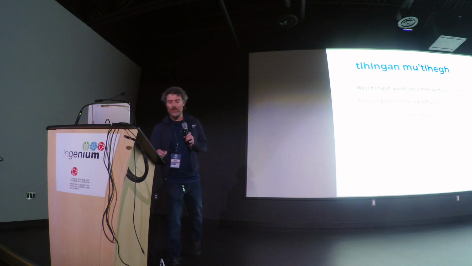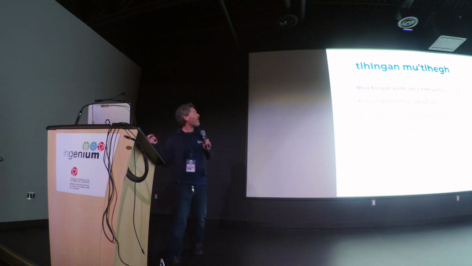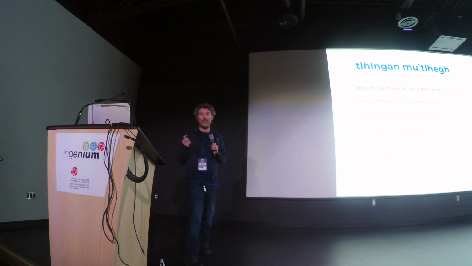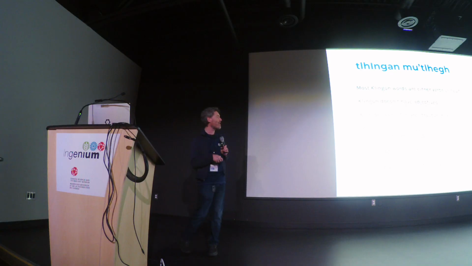All right, more Klingon. So most Klingon words are either verbs or nouns. Klingon doesn't have any adjectives. All the adjectives are basically verbs. Klingon's a language about doing things. The sentence structure in Klingon is the inverse of what we would normally think of in English, where we have object, verb, subject.